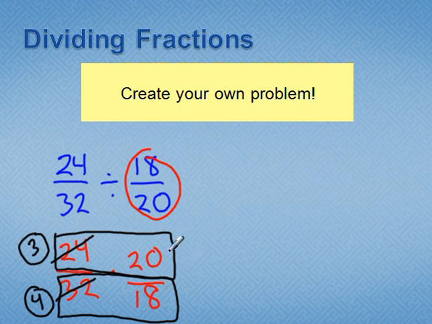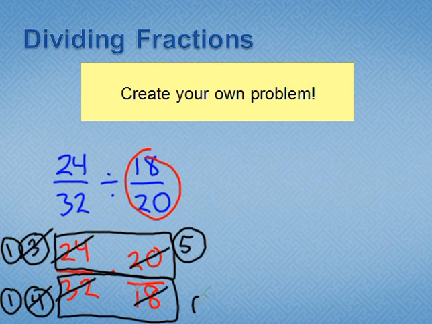Then we have 4 left over and 20, so let's reduce each of these by 4. 4 divided by 4 is 1, and 20 divided by 4 is 5. Done. Then we still have 3 and 18 that can be reduced, so let's divide them both by 3. 3 divided by 3 is 1, and 18 divided by 3 is 6.